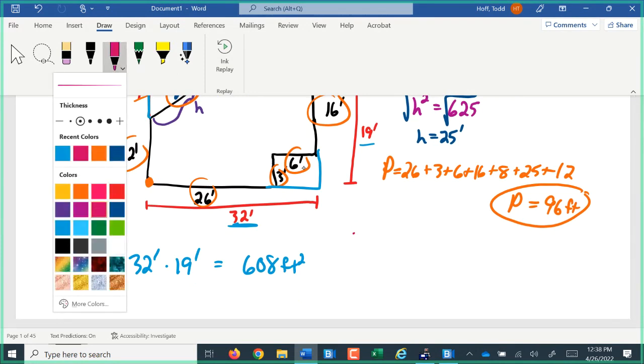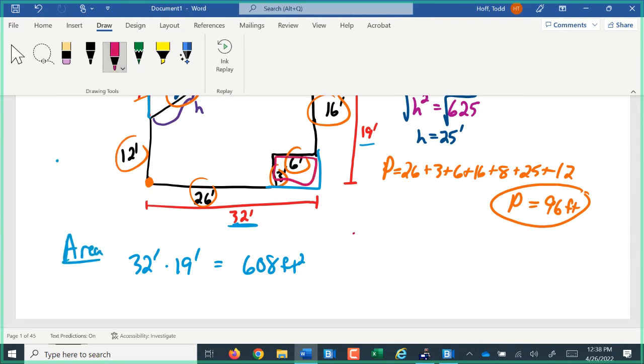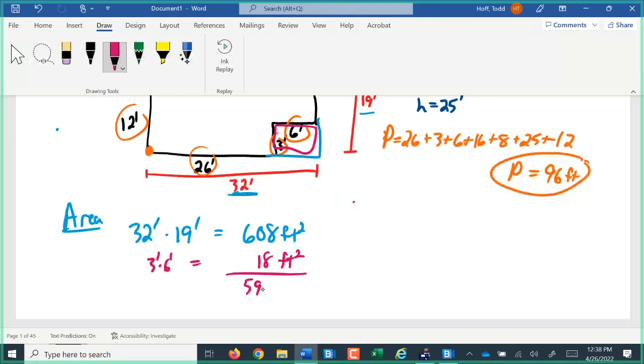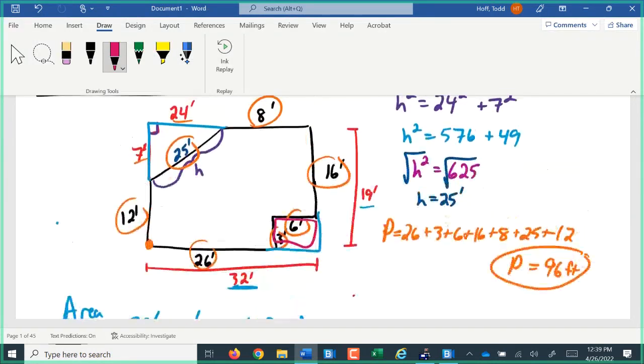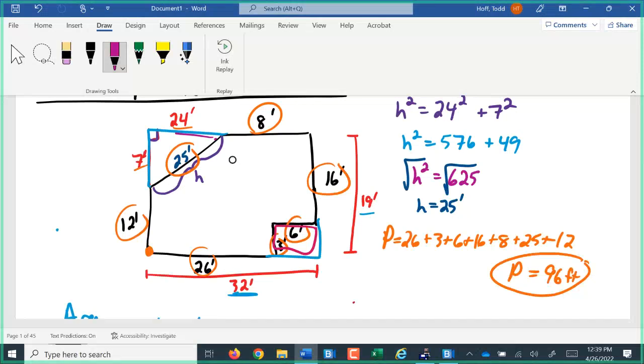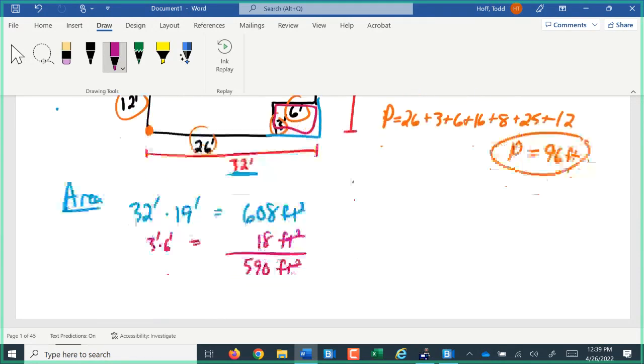The first piece missing is this rectangle. Well, that's 3 foot by 6 foot, or 18 square foot. So I subtract that off, we're down to 590. Next piece that's missing is this triangle. What are the dimensions of that triangle? 7 by 24 by 25. 7 by 24.